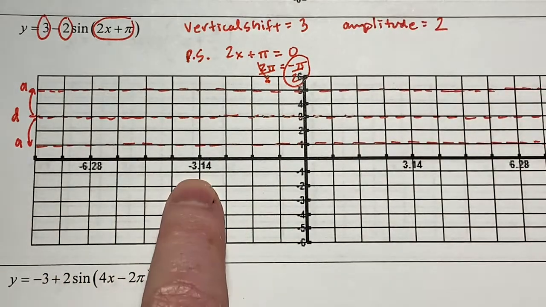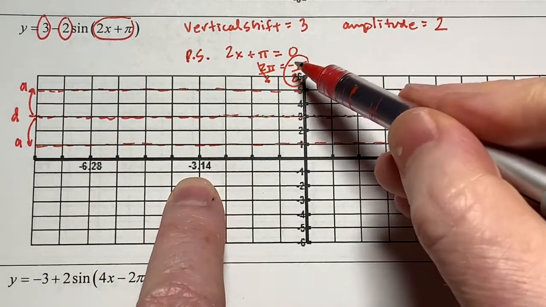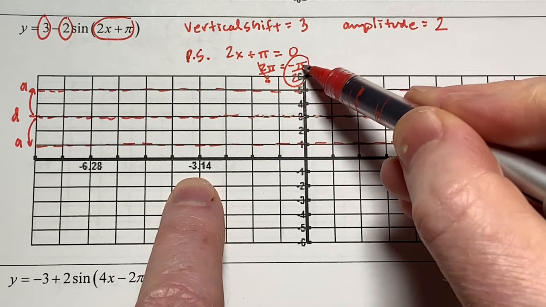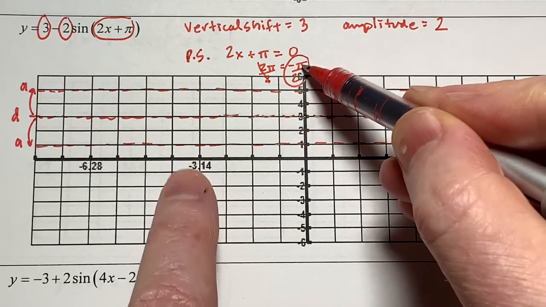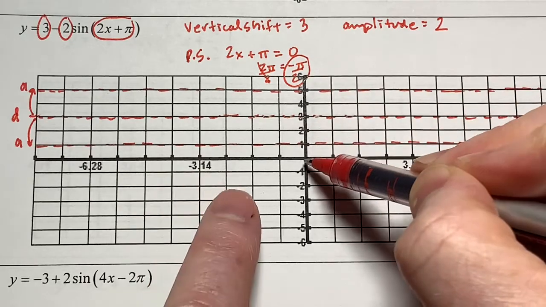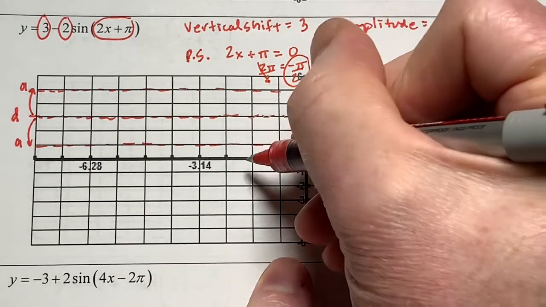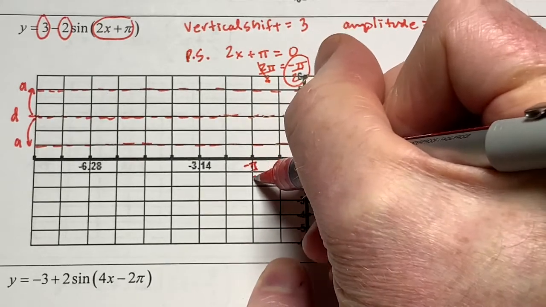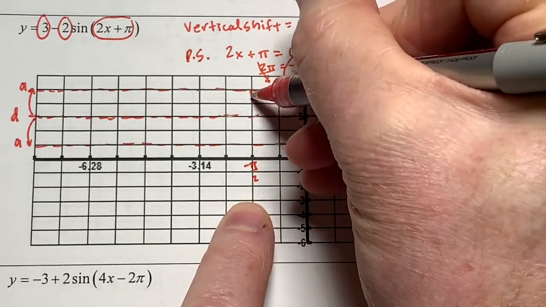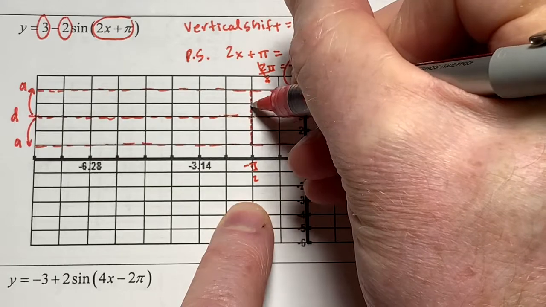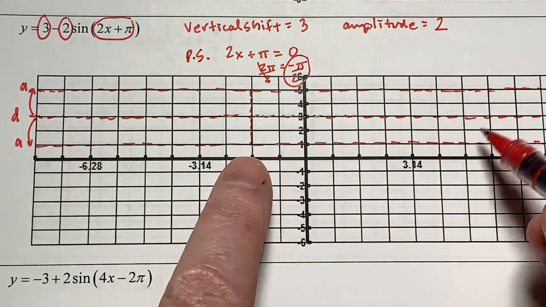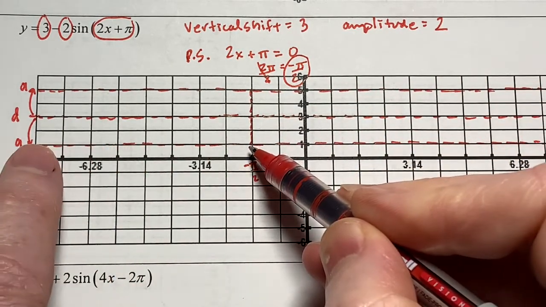This is negative pi, this is positive pi. What do you think negative 1/2 of pi is? This is not a length like the period is, this is a location. So if this is negative 1 pi, this should be negative 1/2 pi right there. So I'm going to mark that. That is the left side of this box going to the right, or it could be the right side of the box going to the left.